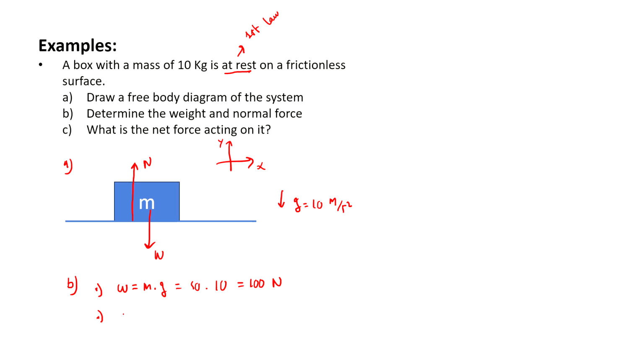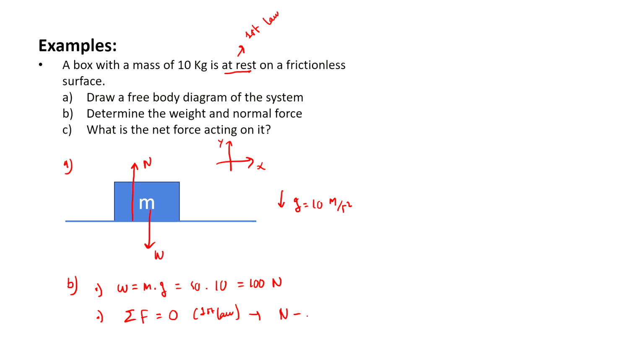To find the normal force, we can use sigma F equals 0. This is the first law of Newton. Sigma F is the sum of all forces acting on the object. But in here, we just have two forces, W and N, directed downward and upward.